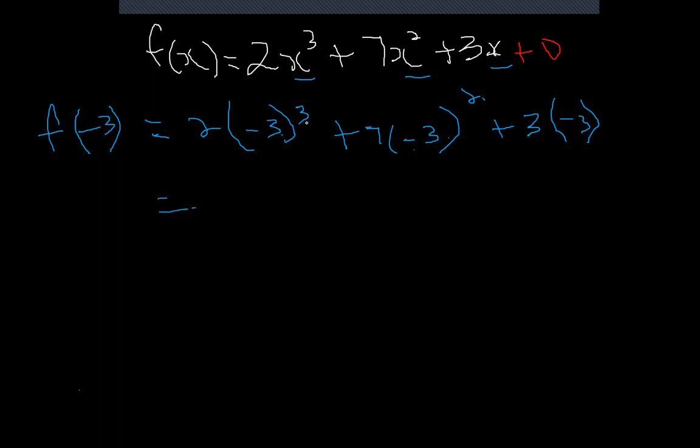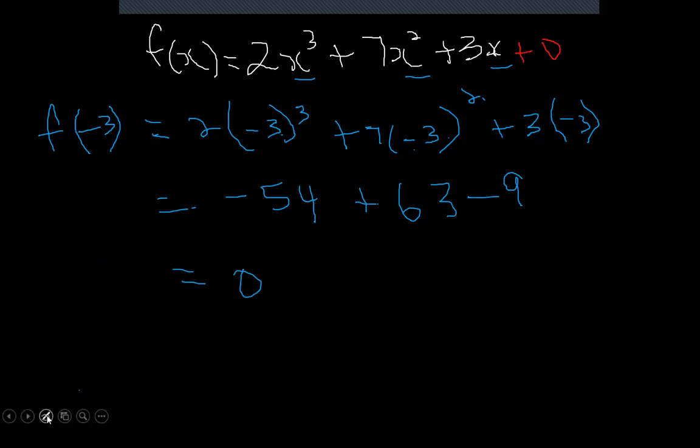Minus 3 cubed, that's minus 27, minus 27 times 2, that's minus 54. Minus 3 squared is 9. 9 times 7 is 63. And then 3 times minus 3, that's minus 9. This is going to give me 0. Why? Minus 54 minus 9, that's minus 63, and minus 63 plus 63 is 0.